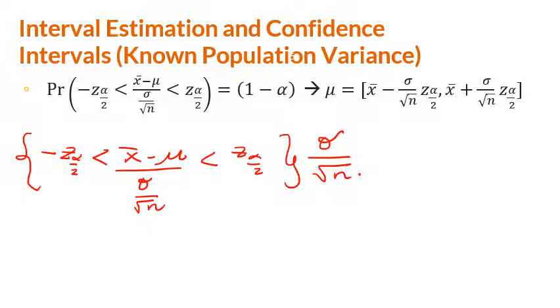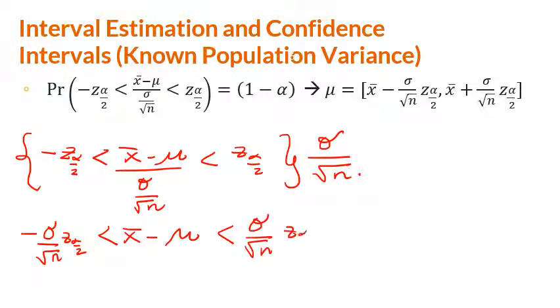So we now have x bar, your sample mean, minus your population mean to be between negative sigma over square root of n z alpha 2 and sigma over square root of n z alpha 2, and then we can add mu, we can change the direction of your inequality by multiplying by negative 1.